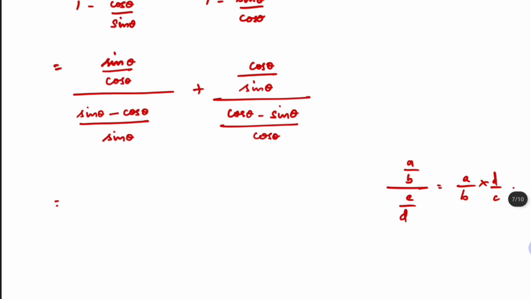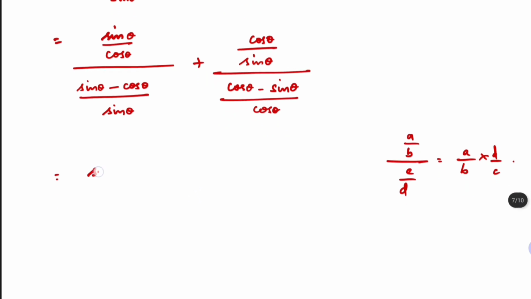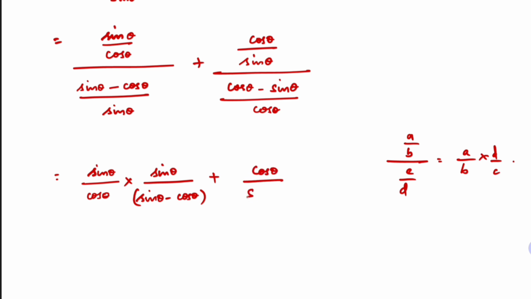So doing it, sin theta by cos theta remains the same into sin theta goes up and divided by sin theta minus cos theta. Similarly, doing it for the second term, cos theta by sin theta into cos theta divided by cos theta minus sin theta.